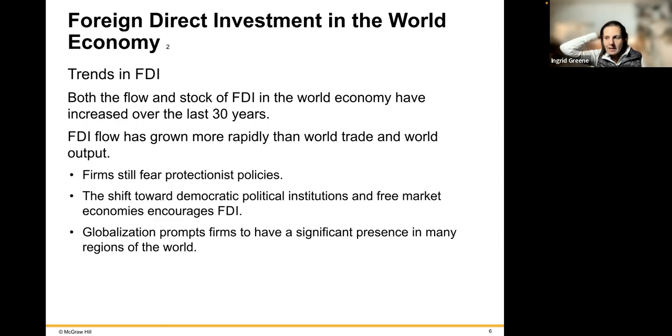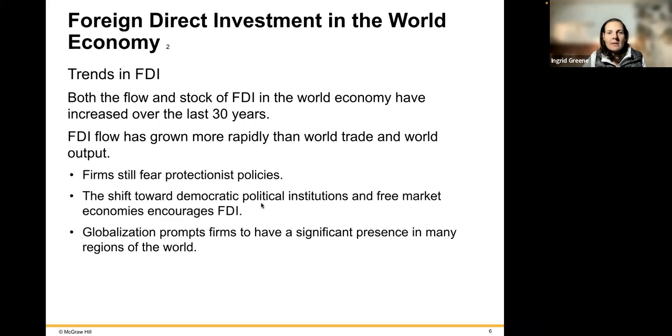This is a way for them to circumvent trade barriers. They're afraid that if they would just, like JCB, ship their finished product into a particular country, there would be tariffs and subsidies and different things that would stop them from making a nice profit. But if they actually do production in that host country, then they can overcome some of these protectionist policies.